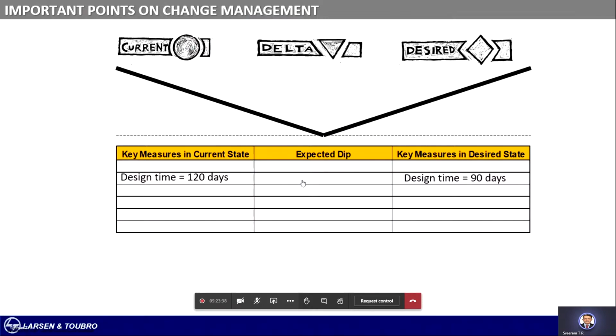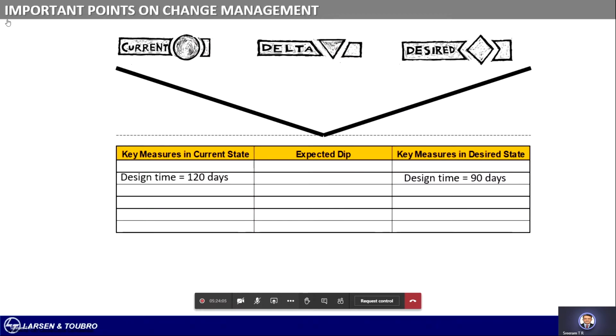You will be able to see that sometimes when the organization goes through this change, there is a dip in between the current and the desired states. That is because of the acceptance in the organization and the training that needs to be imparted as far as the change is concerned. All that will take time for people to understand and follow the process. Once they start to follow the process, you will see an improvement, and then we go to the desired state.